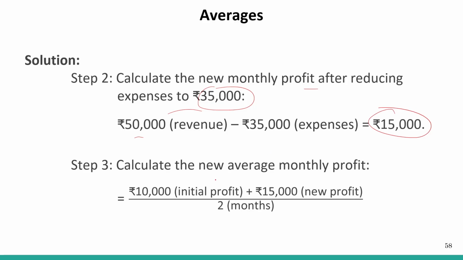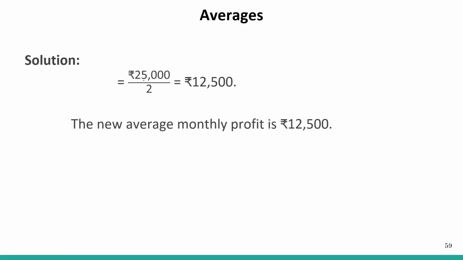So the new average monthly profit will be 10,000 plus 15,000 divided by 2 months, because this is the first month and this is the second month. So we'll assume 2 months in the denominator. What is left is 25,000 by 2, which is equal to 12,500. So the new average monthly profit is 12,500.